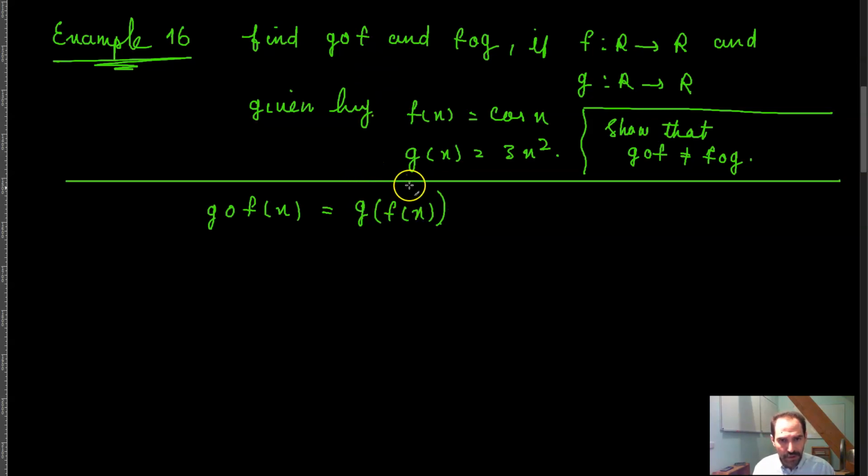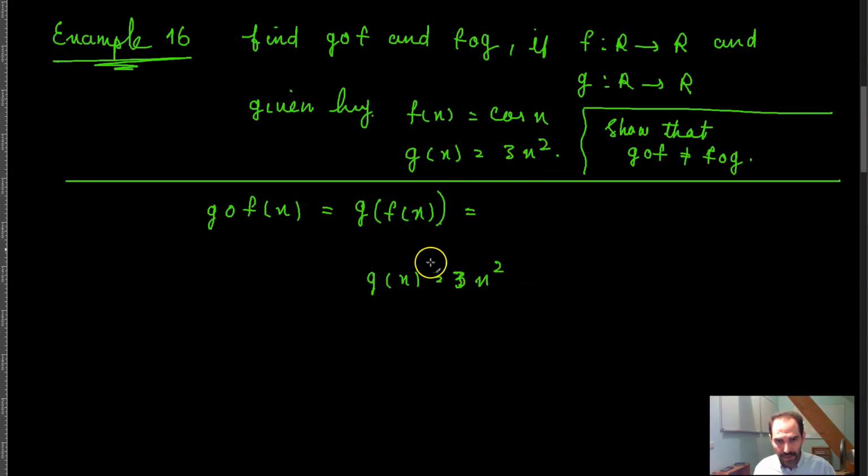So that means that g of f of x is equal to 3 times, so you have to put the function f inside the function g. g of x is 3 times x squared, right?